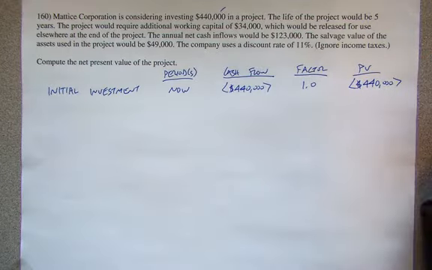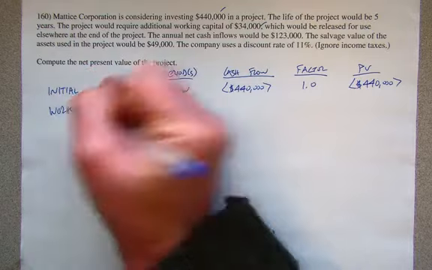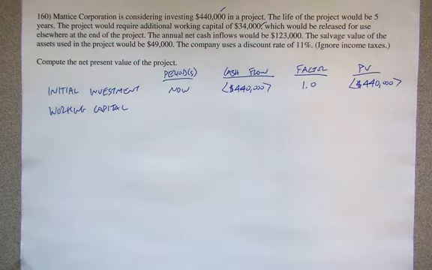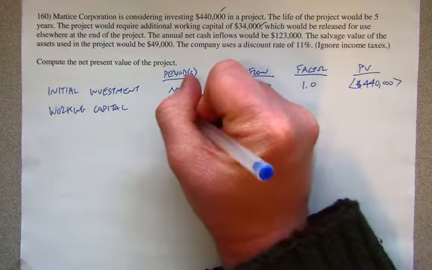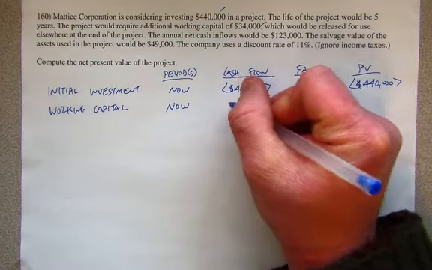We also have to invest some working capital. You might remember that working capital is basically kind of like seed money that the company will have to invest right now to pay for operating expenses that are initially required to get this project up and running off the ground.